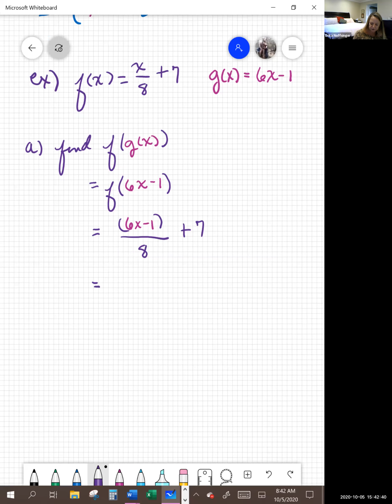Part B though, if it said do the opposite direction, if it said find g of f of x, so this is saying find g of f of x, but f of x, that's this whole thing, x over 8 plus 7.